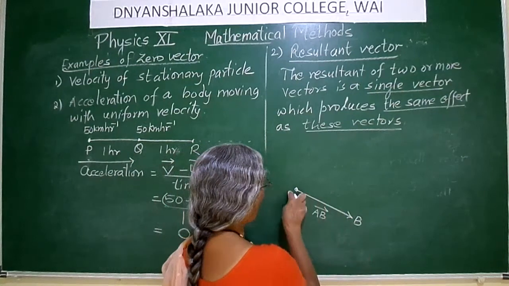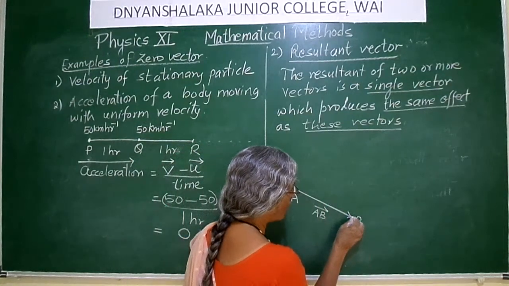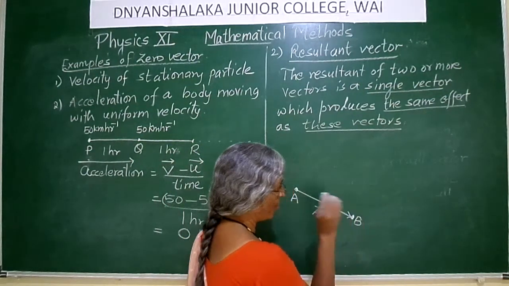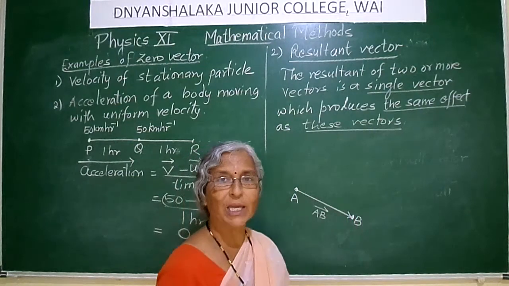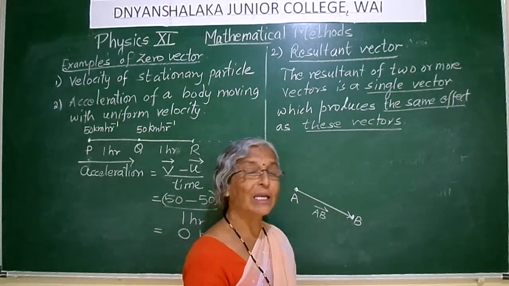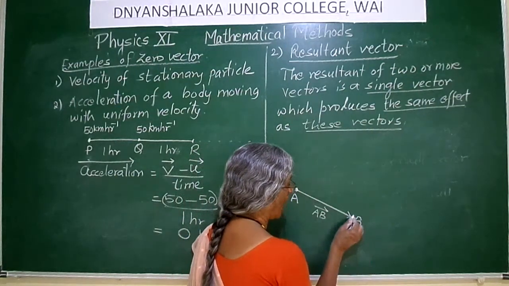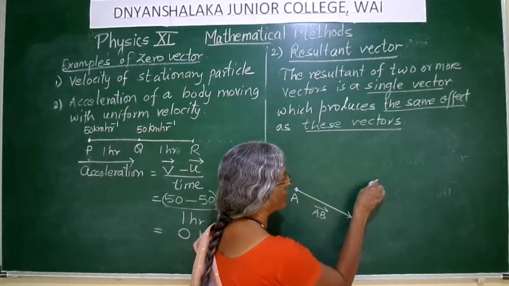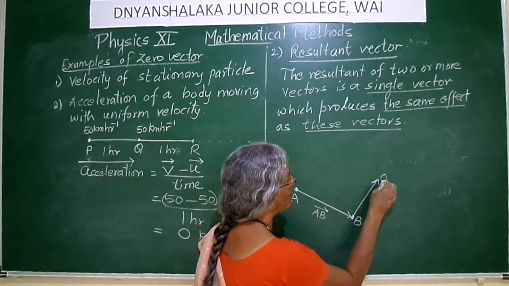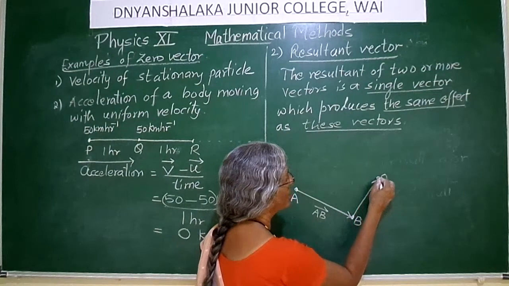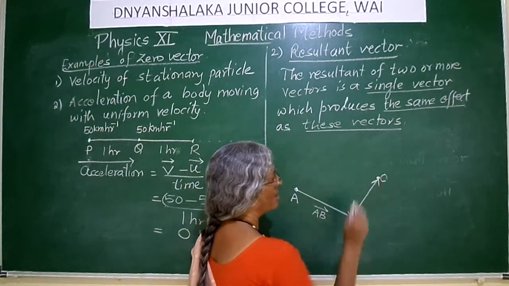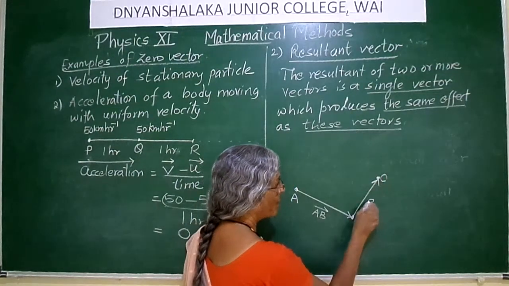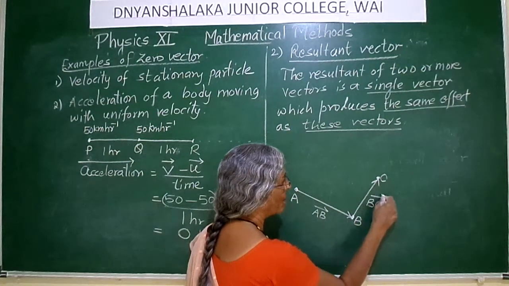Okay, and now this particle, this object has come to this point B. From point B, it changes its direction and moves in this direction towards the point C. So now the particle is here or the object is here at this point C. Let me denote this as vector BC.